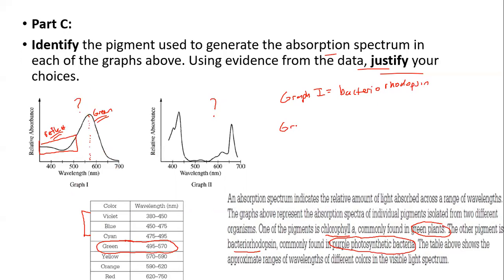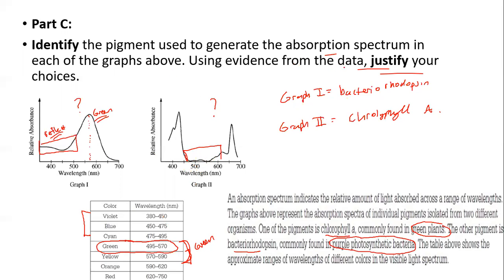And then graph 2 is essentially the chlorophyll A. And again, the reason why I know that this one is going to be green is because notice it's not absorbing these colors right over in between the 500 to 600. If you look here, the 500 to 600 realm, these are going to be like your greens and yellows. So this actually would be green in terms of what you would actually see.